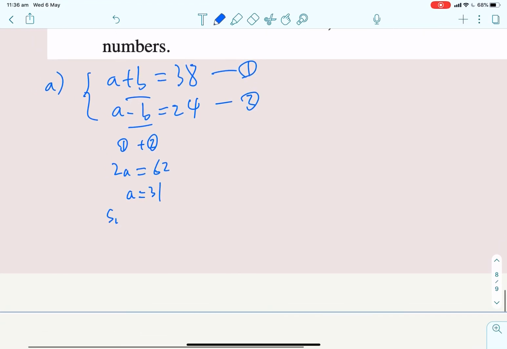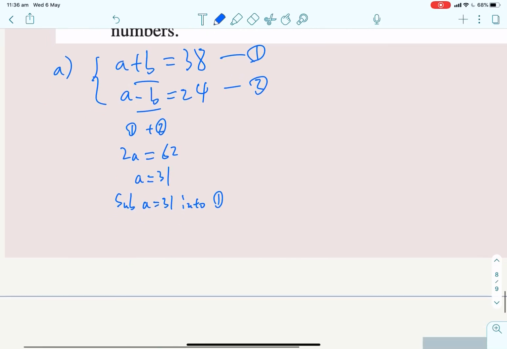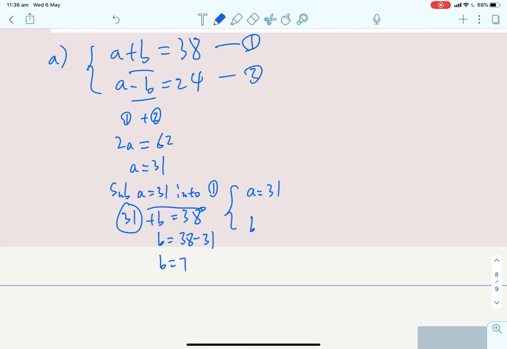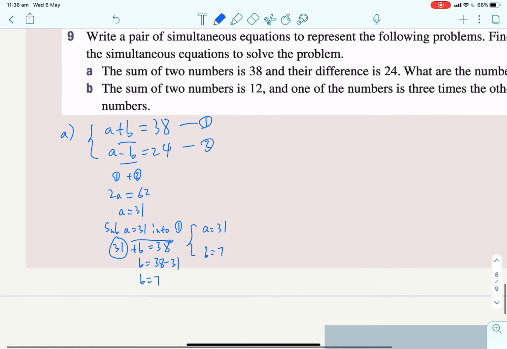So we can substitute a equals 31 into equation 1. I like positive, I don't like negative. You got 31 plus b equals 38. We move that to the outside. B is 38 minus 31. B is 7. So we got a is 31, b is 7. The bigger one's 31, the smaller one's 7.